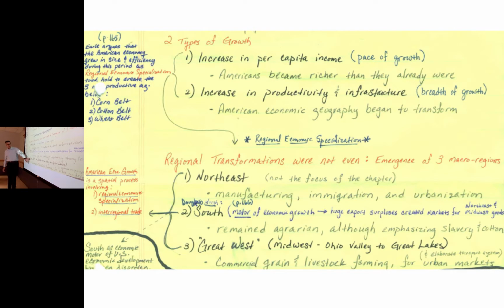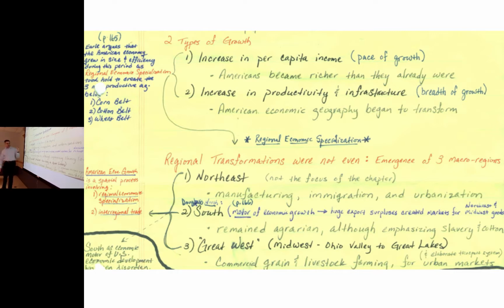Then you have this more nebulous region known as the Great West, which is actually a reference to the Middle West or this Old Northwest. So this was an area of expansion, and much of this chapter is about the expansion west by Southerners and by people originally from the Northeast into this Middle West area, and the challenges that came about.